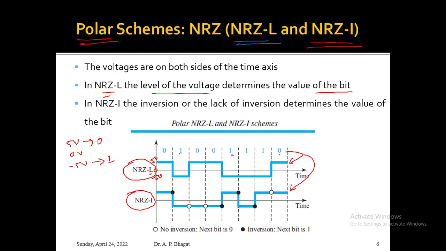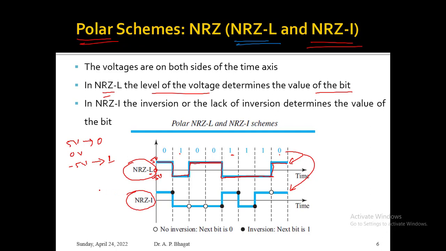So 0 is represented by the 5 volt or positive voltage level, while 1 is represented by using the negative voltage level. Again, the next two bits are 0 0, therefore they will be represented by using the positive voltage level. The next 3 bits are 1 1 1, so these are represented by using the negative voltage level. Similarly, the last bit is 0, again represented by using the positive voltage level.